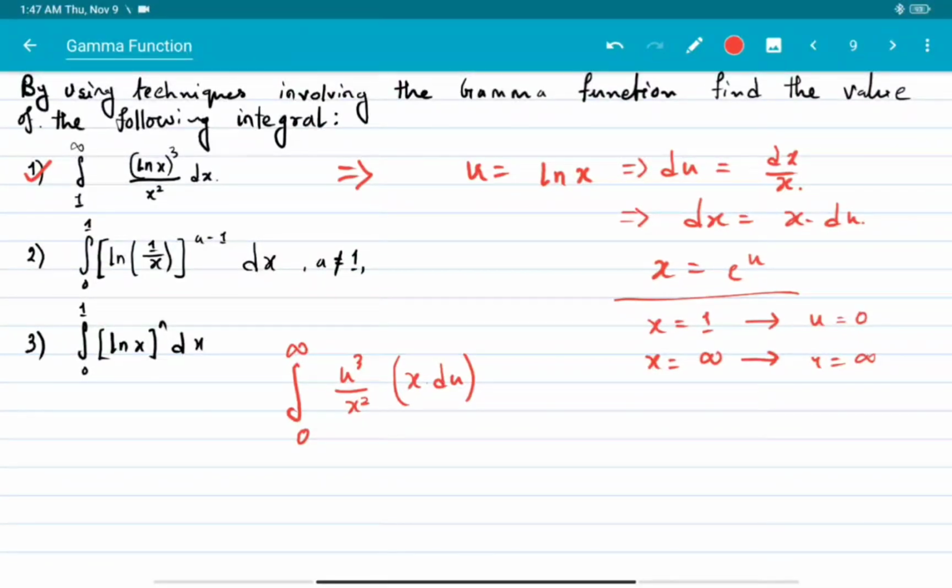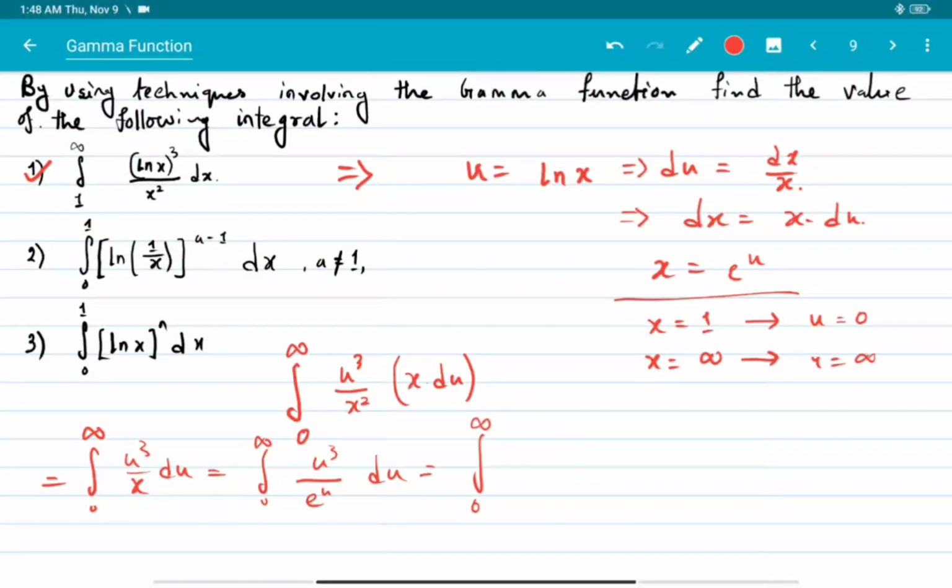So this is equal to the integral from 0 to infinity of u cubed over x du, which equals the integral from 0 to infinity of u cubed times e to the power minus u du.